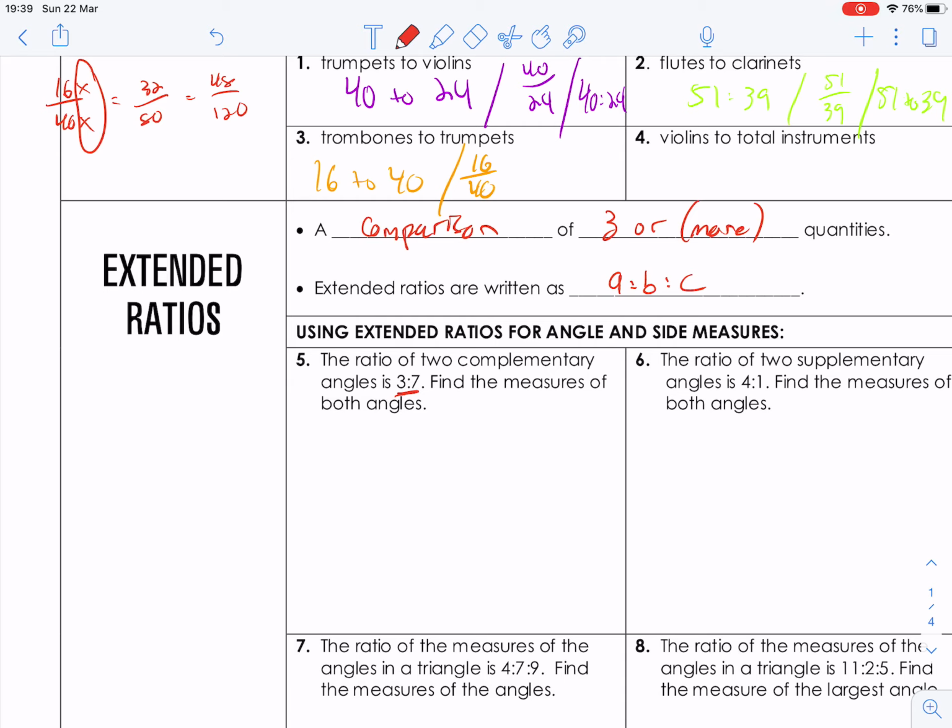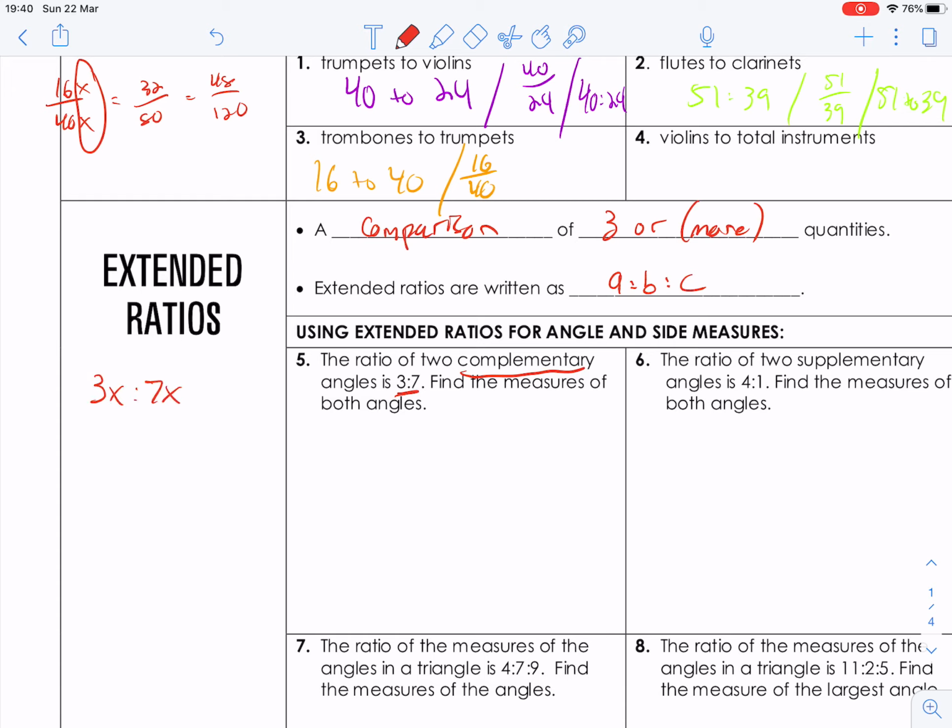First we have to know what complementary angles are. Complementary angles are 2 angles that add to 90 degrees. So we have two angles that add to 90 degrees, and they have a ratio of 3 to 7. Remember, we can write this as 3x to 7x.